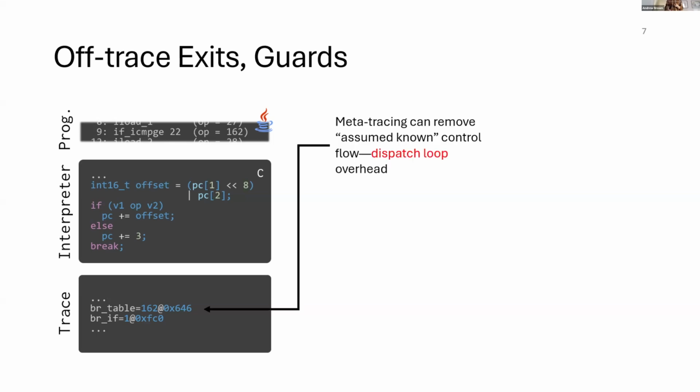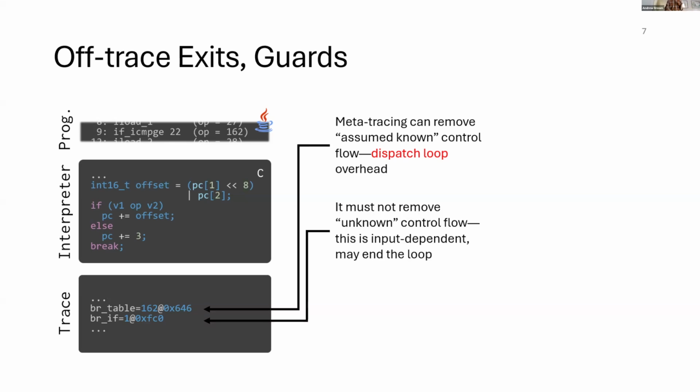This branch table corresponds to the switch statement in the bytecode, and we believe meta tracing can predict this for a hot loop. We know which is the next bytecode we're going to execute, but the branch if corresponds to user logic based on input data, and this is the condition that may end the loop. These tests must remain in the optimized fragment in some form.